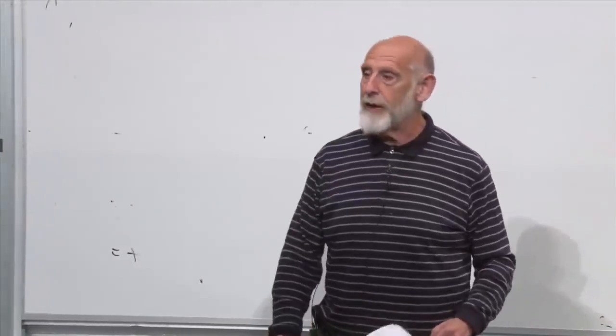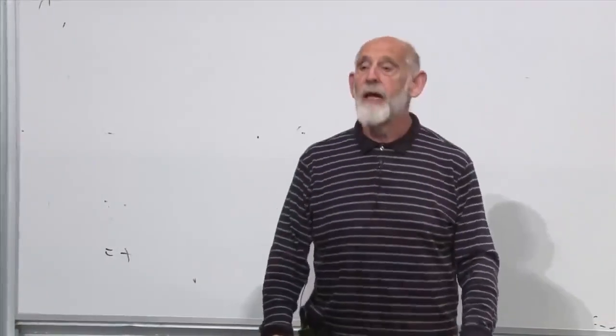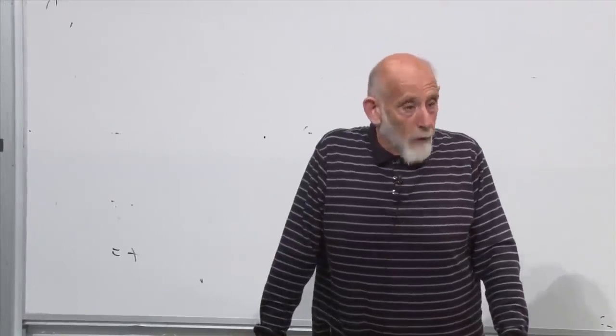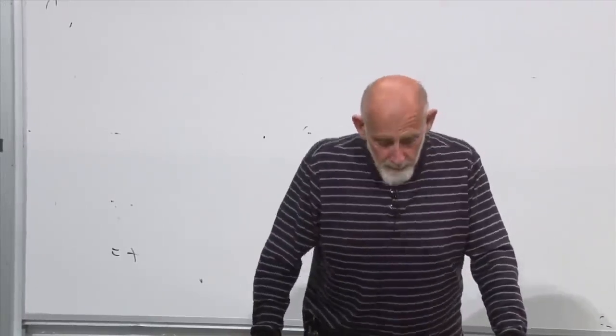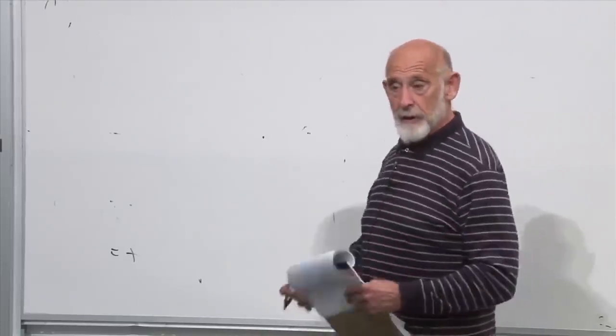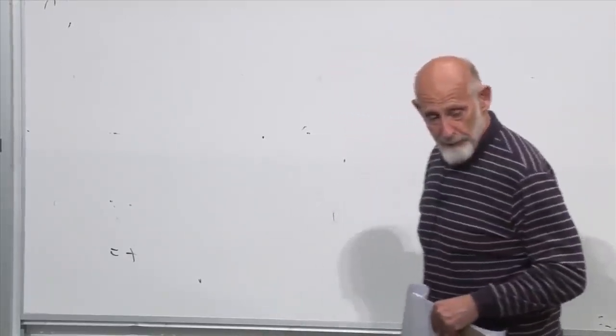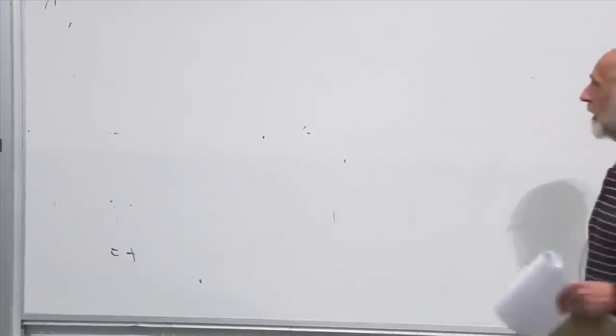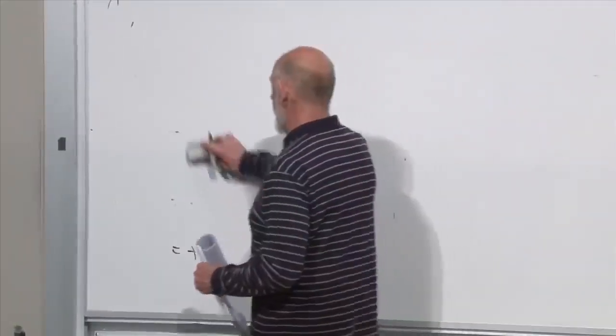Whereas the equations of a particle moving in an electromagnetic field are the Lorentz force law. Let me remind you what the Lorentz force law is, and then we're going to derive it from something else. We're going to derive it from a combination of relativistic ideas and the action principle.